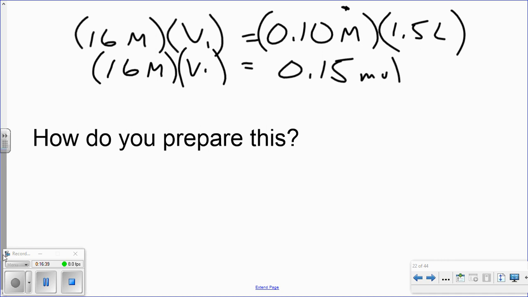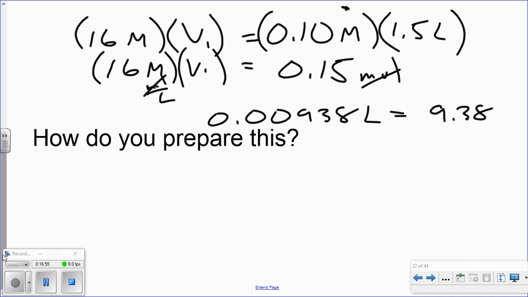It's moles per liter here. So whenever you divide, you're going to cross off your moles. So you'll end up with 0.00938 liters. You can keep that. It's a little weird. I would convert that to milliliters. That's 9.38 milliliters. And you'll see why again as the course progresses, why that's a good thing to do.